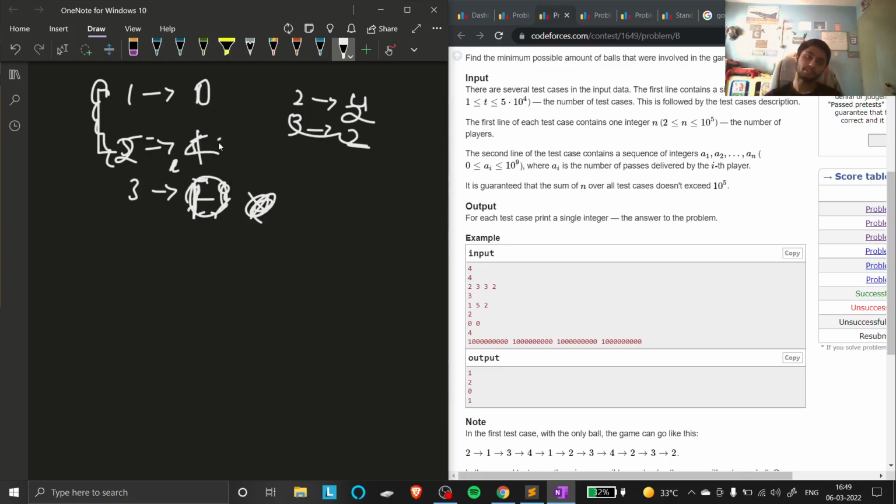So after that, this four passes he needs to do with some other ball also there. No? One more ball is there.